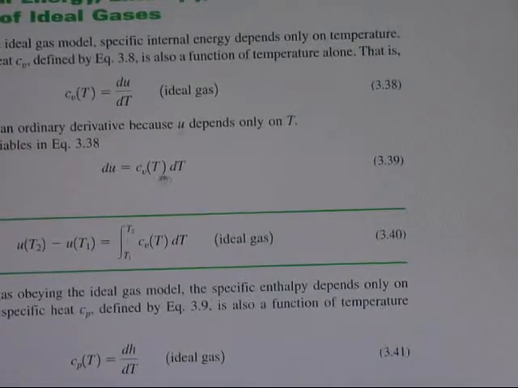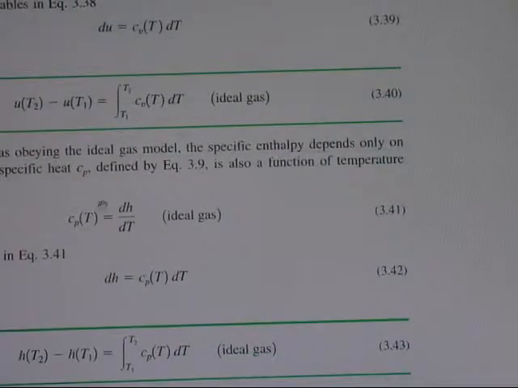So du equals CV(T) dT, and U2 minus U1 is the integral of CV(T) dT from T1 to T2. Also dh equals CP(T) dT, so h2 minus h1 is the integral of CP(T) dT from T1 to T2, for the ideal gas.